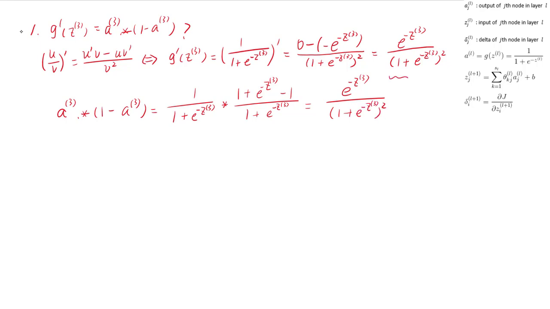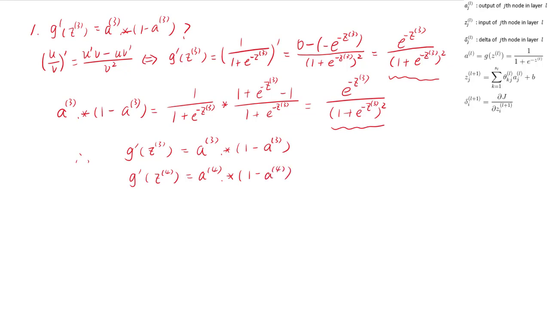So as you can see, these two are identical. So we can say that g prime z3 can be written as a3 dot multiply 1 minus a3. So similarly, we also have g prime z4 equals a4 dot product of 1 minus a4.